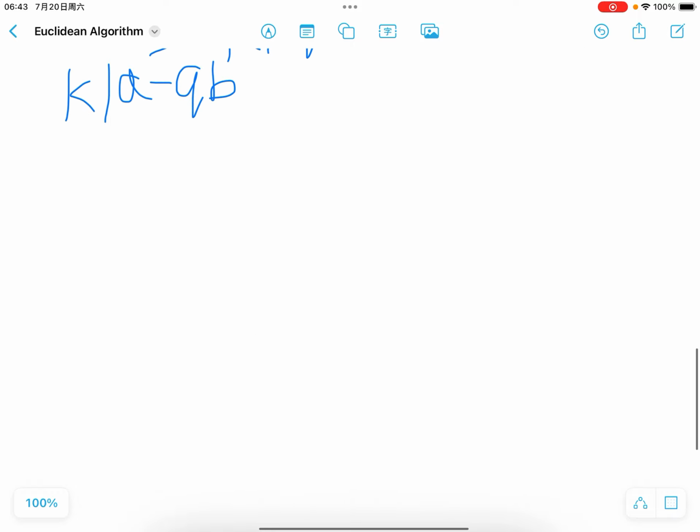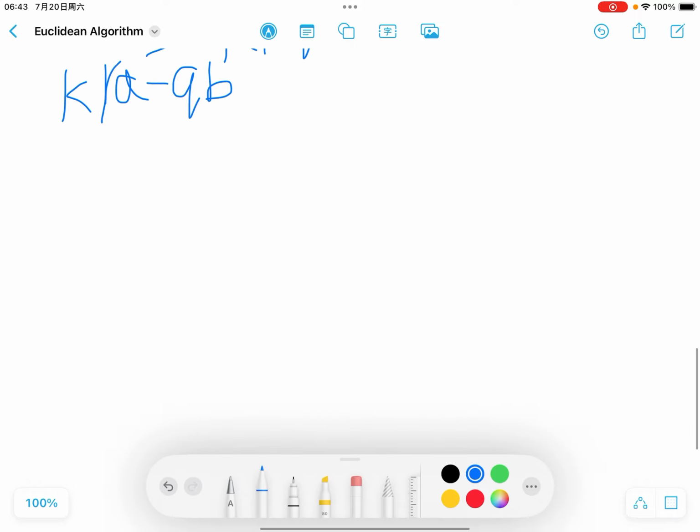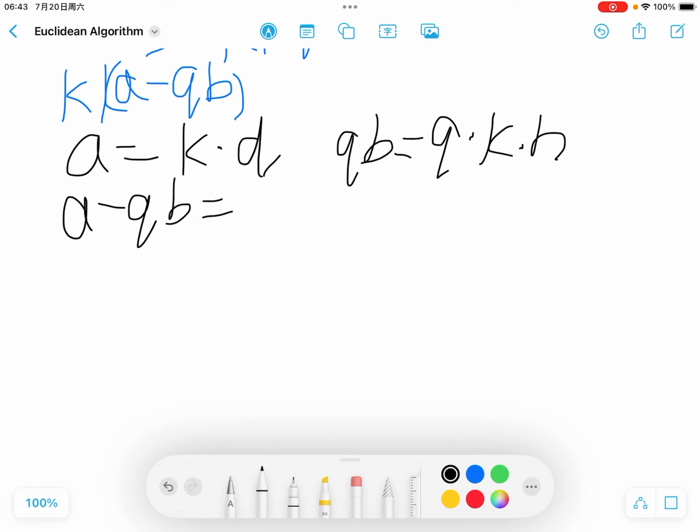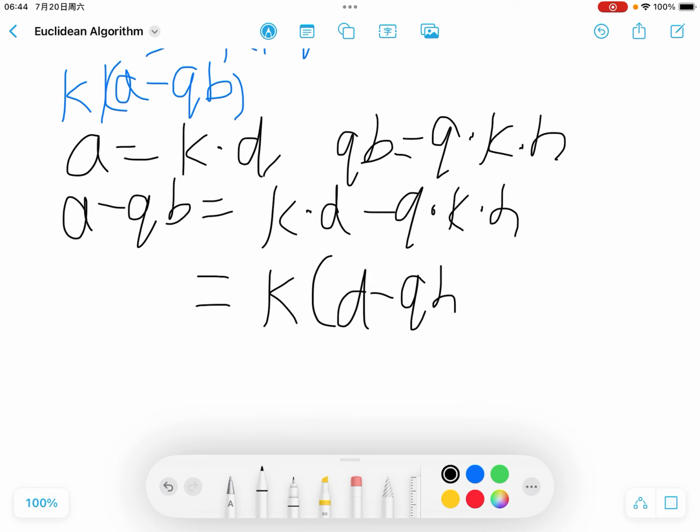Let's say A equals K times D, and then QB is equal to Q times K times E. So if we do A minus QB, we'll get K times D minus Q times K times E. If we factor the K out, that's K times D minus QE.